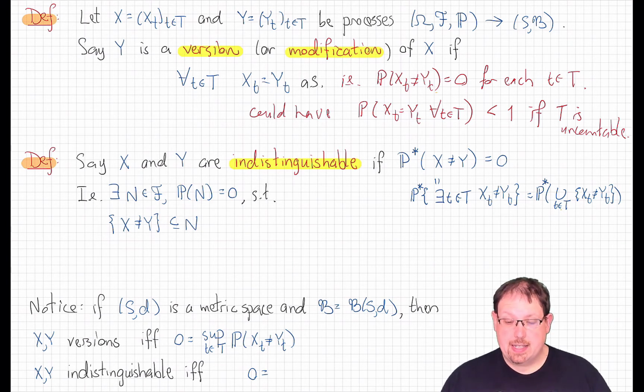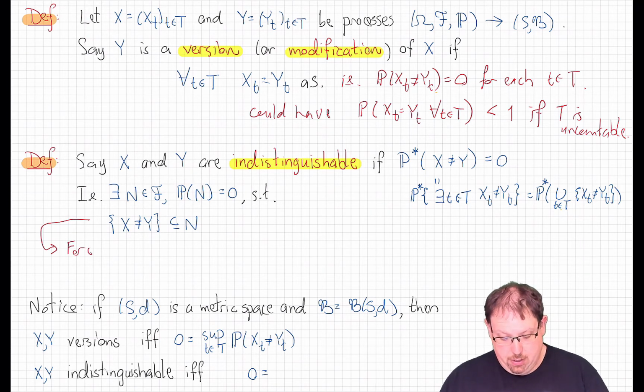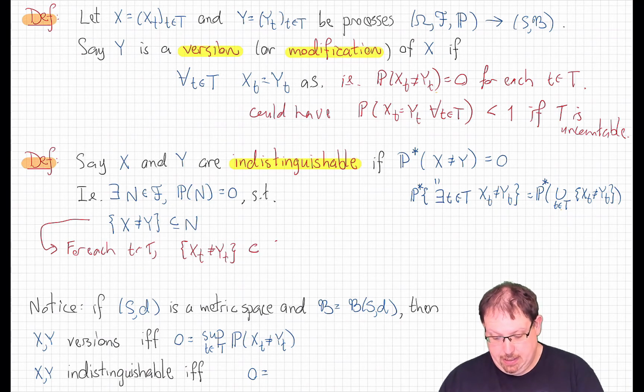One thing that we can see easily is that indistinguishable processes are versions of each other. And that's just because if x and y are indistinguishable, then for each fixed t, the event that x_t is not equal to y_t is certainly contained in the event that x is not equal to y.